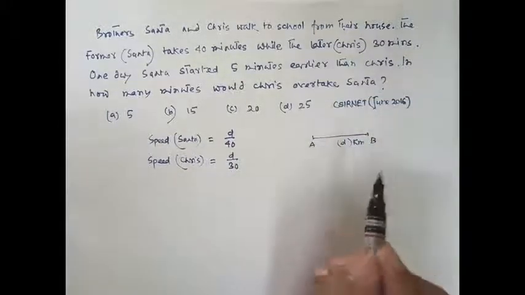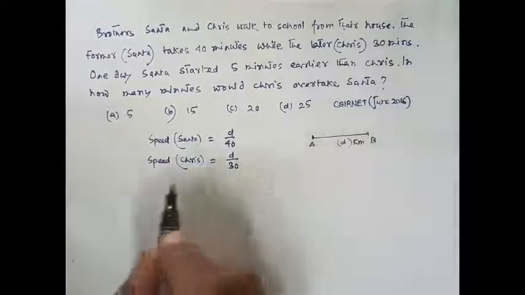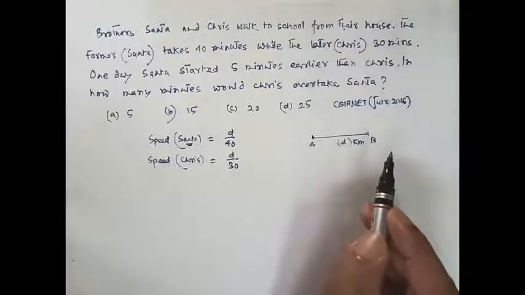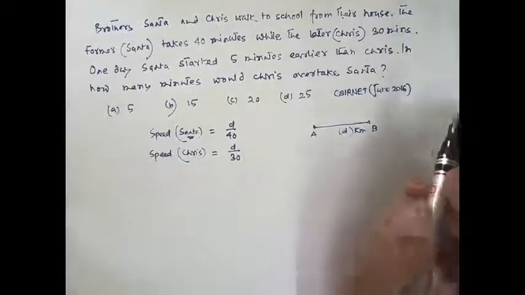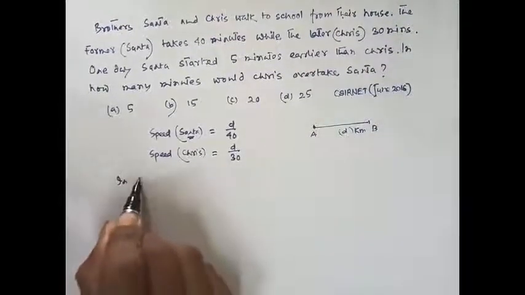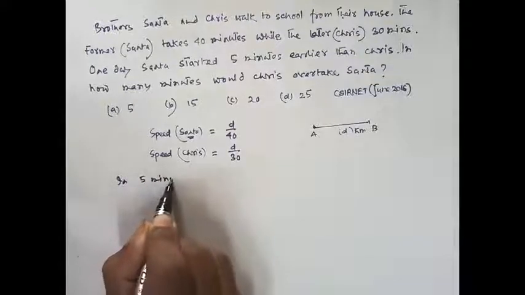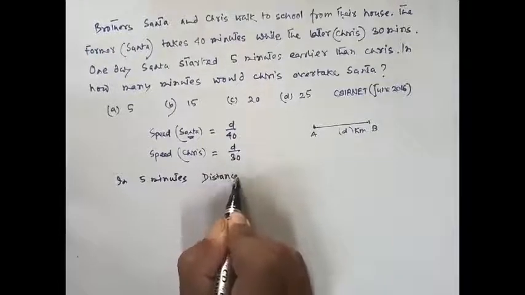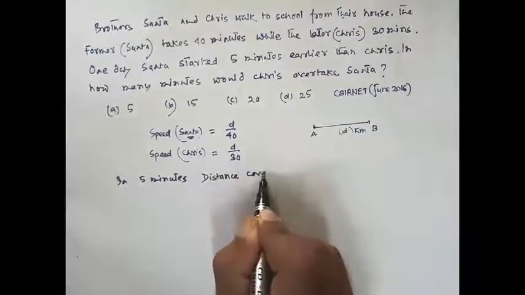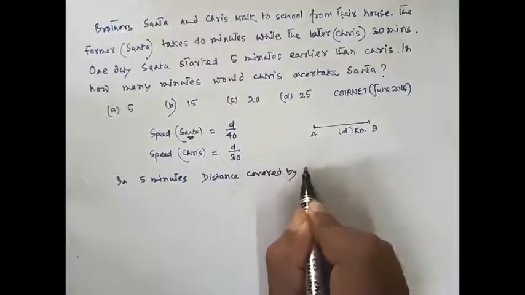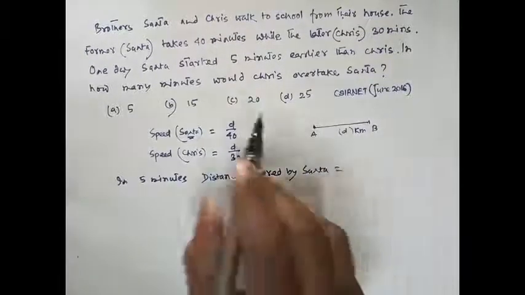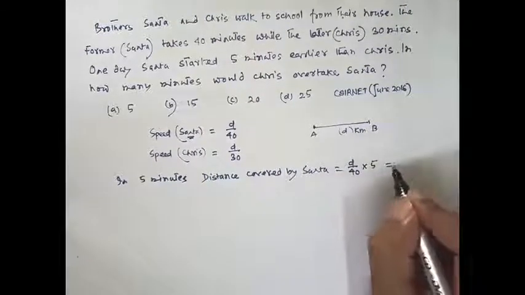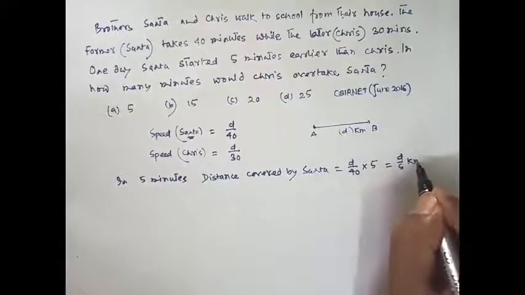Suppose one day Santa started her journey 5 minutes earlier. So the distance covered by Santa in 5 minutes would be velocity d by 40 into 5 minutes, so it would be d by 8 kilometer.